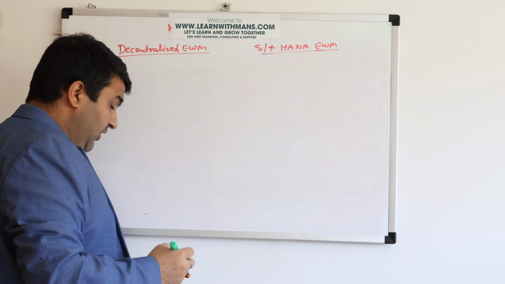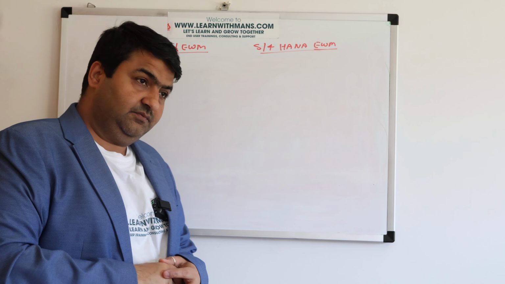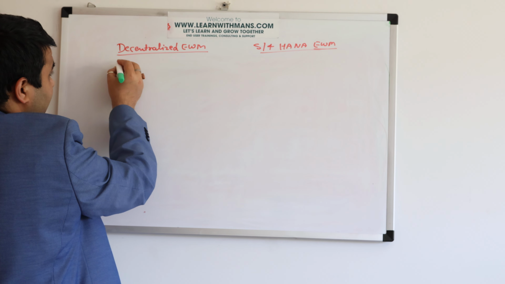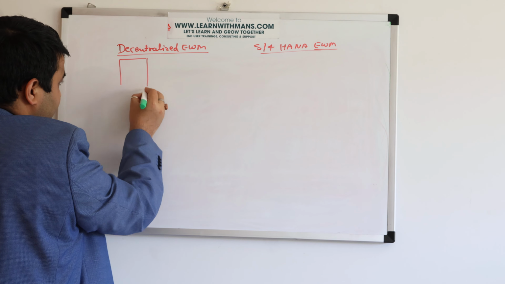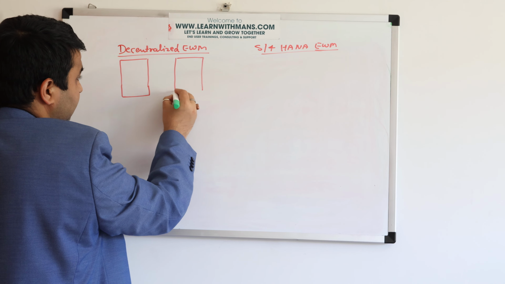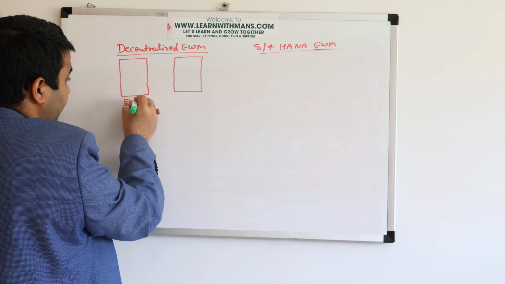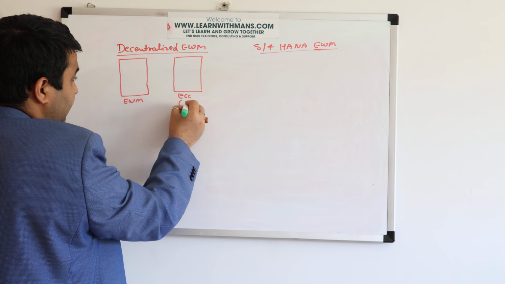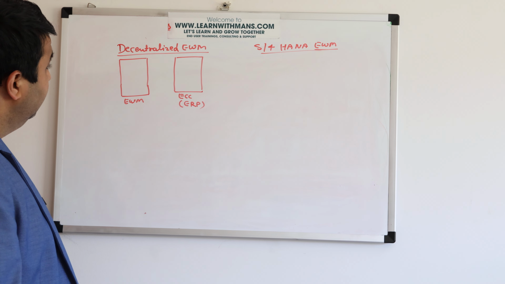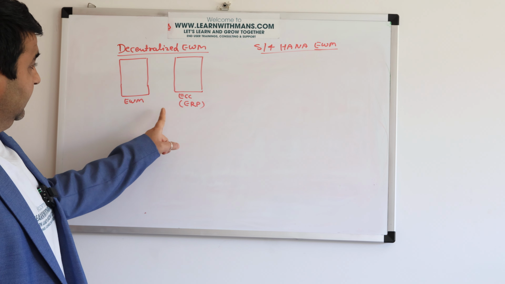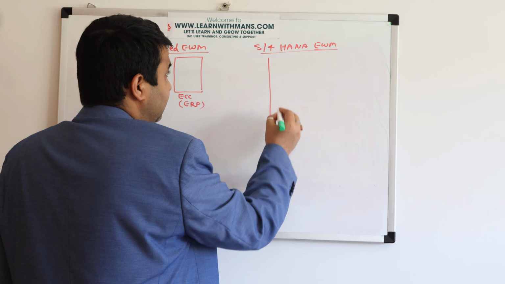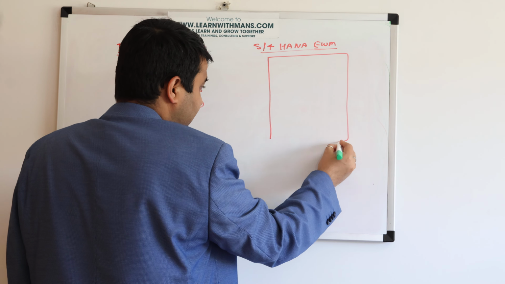In decentralized EWM we have two different servers: EWM and ECC, which we call the ERP system. When we compare with S4 HANA EWM, that means only one server.